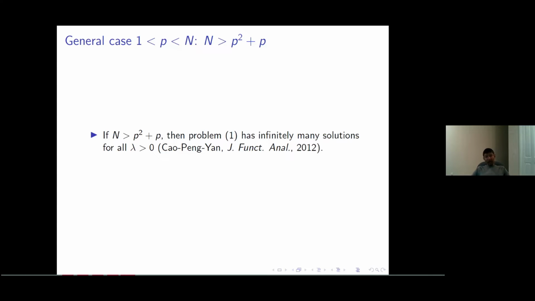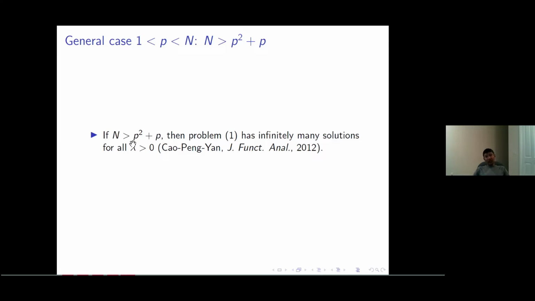In the general case where p is between 1 and n, there are some similar results. The first result is due to Cao, Peng, and Yan. In 2012, they showed that if n is bigger than p squared plus p, then the problem has infinitely many solutions for all positive lambda.